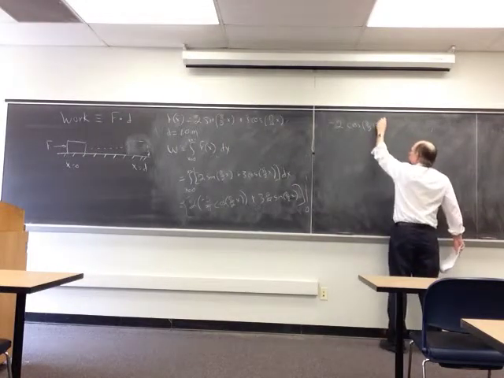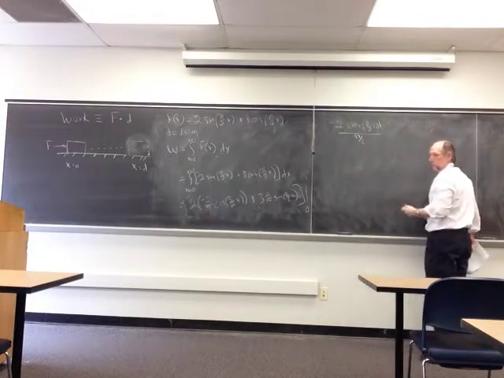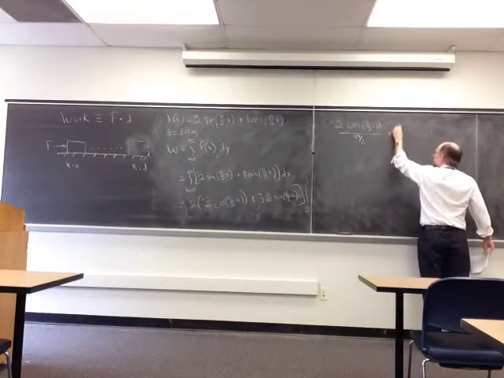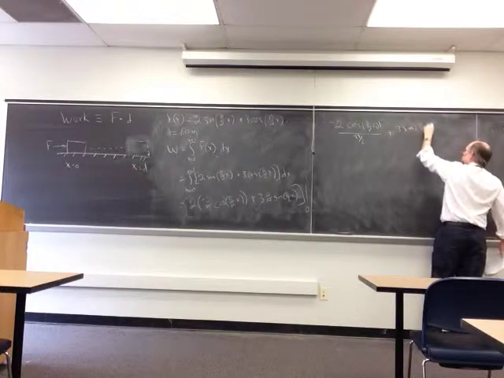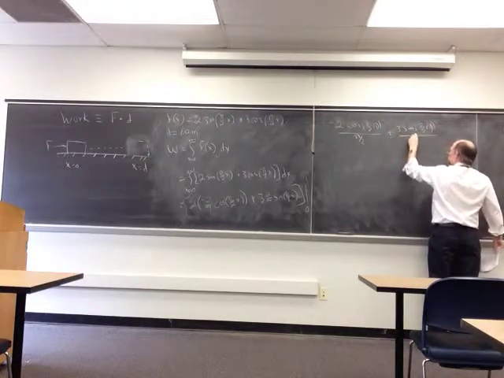Oh, so you want this over pi over 2? Okay, the same thing. Yeah. Right? Yep. Okay. Plus 3 times pi over 2 over pi. That should be, let's see, a 1, and that's over pi over 2.